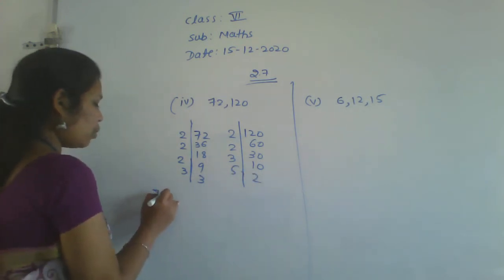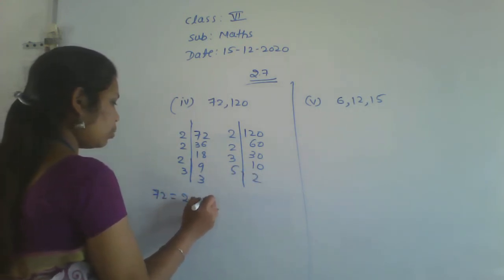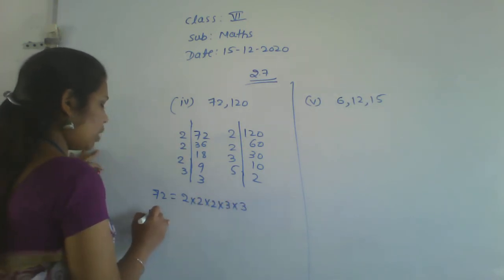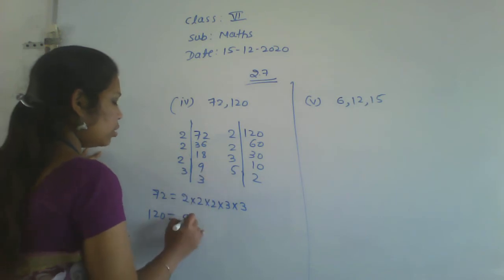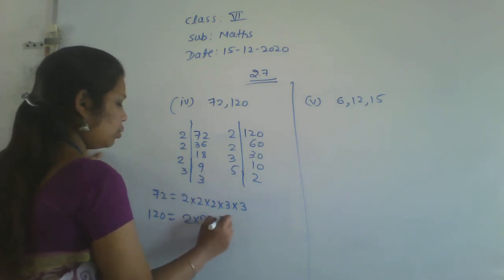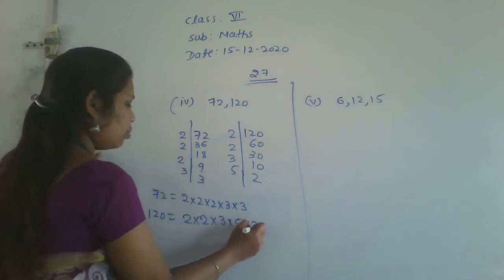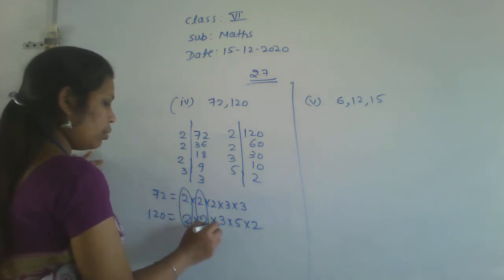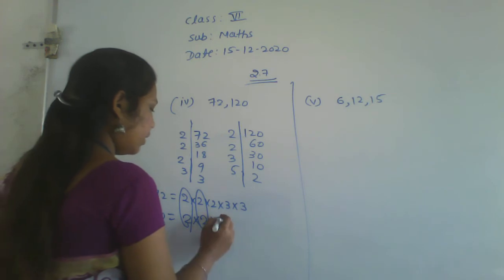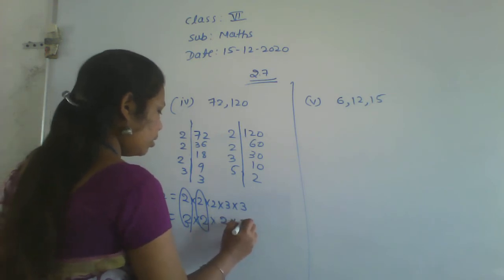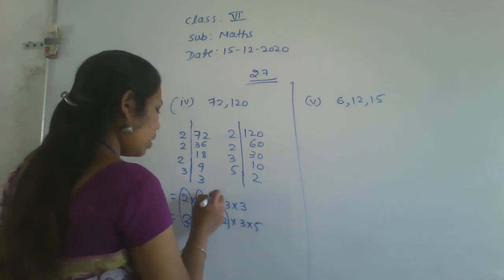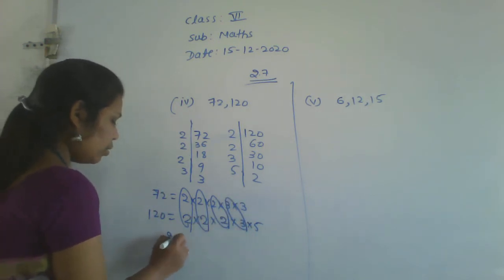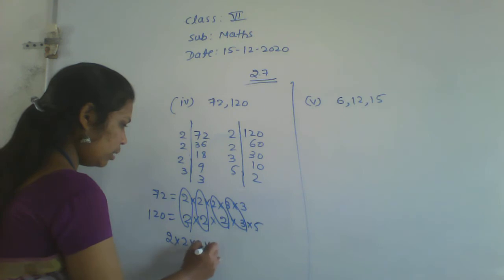So 72 can be written as 2 into 2 into 2 into 3 into 3. Next 120 can be written as 2 into 2 into 3 into 5 into 2. Okay. One time 2, second time 2, or else alternate right here, 2 into 3 into 5. And here also one time 2 and one time 3.